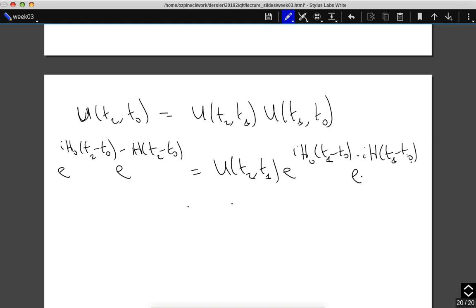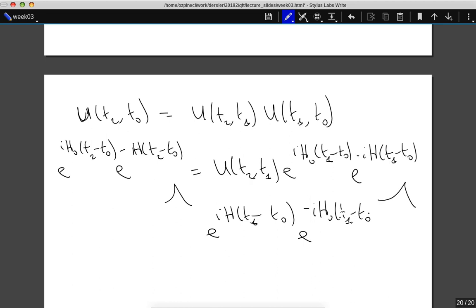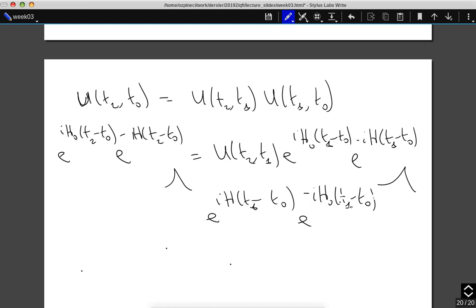Well, let me multiply from the left by e to power i h (t1 minus t0) and e to power minus i h0 (t1 minus t0) from the right. So on the right hand side I will end up having only u.